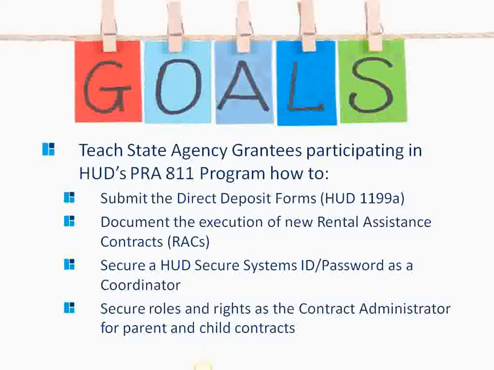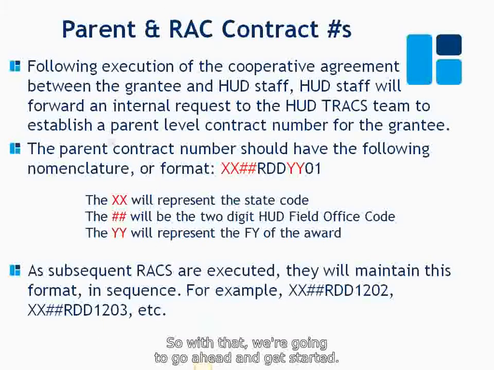Okay, so with that, we're going to go ahead and get started. The first thing that we want to talk about, as we are seeing more and more grantees executing what we call RACs, is making sure that everybody understands the nomenclature or the format that's being used for the parent level contracts and then the subsequent child contracts.